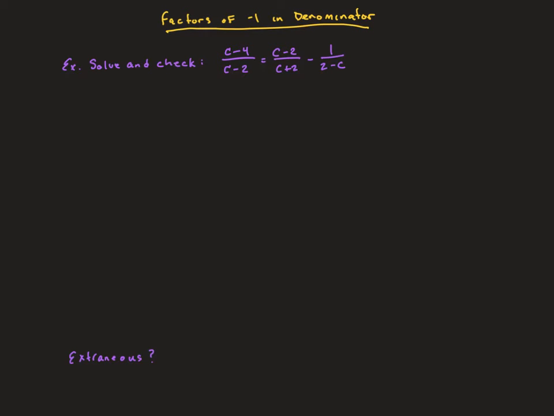So very similar, but I can multiply this expression by -1. Multiplying it by -1, that is going to end up giving me a plus 1 over c minus 2. That's how that's going to change that.